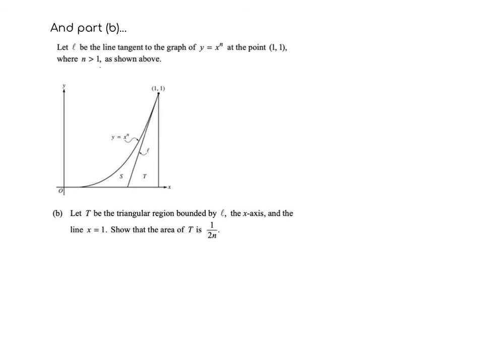Let's see, what's part B? Still the same stem. T is the triangular region bounded by L, the x-axis, and the line x equals 1. Show that the area of T is 1 over 2n. Well, we found from the previous page that the integral from 0 to 1 of x to the n dx is 1 over n plus 1. I don't know if that's helpful, but I remembered that, so I wrote it down.